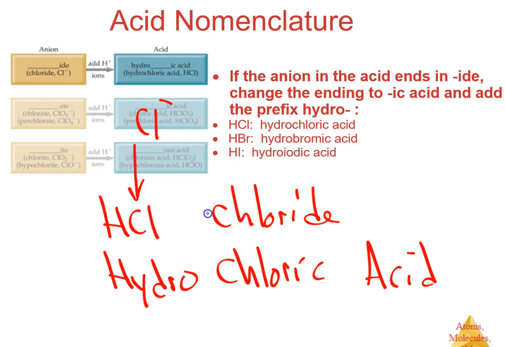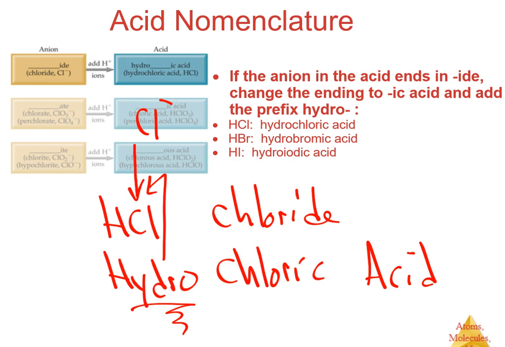The hydro is indicating to you that you are just dealing with H and a single element, meaning no polyatomic ion. Now, I know hydro seems to stem from hydrogen. It sort of does, but really it's just telling me it's a binary acid, a 2-piece acid, an H and a nonmetal that ends in "ide."